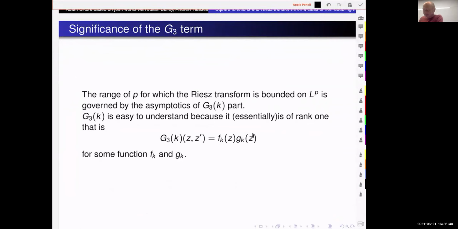If you understand this, you can pretty much calculate everything, but the problem is that you have this k, and you want to understand this simultaneously for essentially all k close to 0. So that's essentially it. Let's go back now to vertical functions.